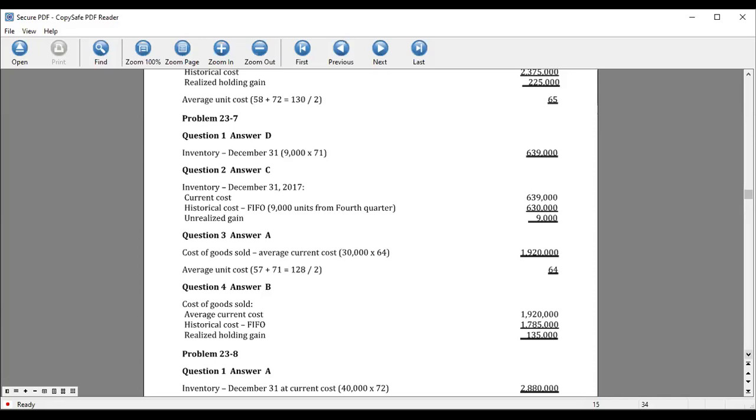Then the historical cost of 1,785,000. That's the historical cost of the units sold. We now get 135,000. That's your realized holding gain because the inventories were already sold.